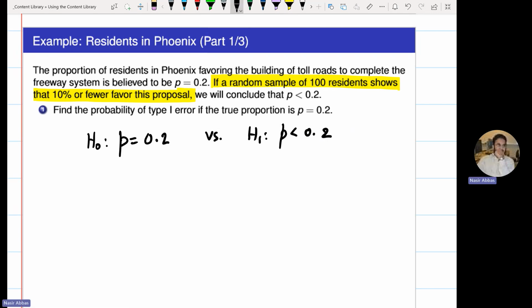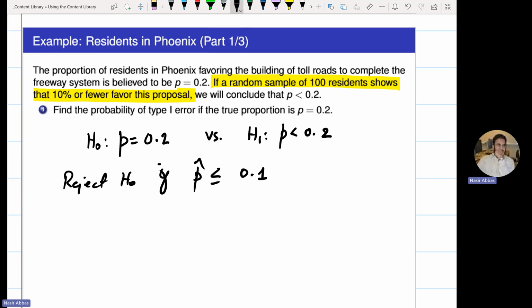You will reject H0 if the sample proportion is less than or equal to 10%, 0.1. If the proportion from the sample of 100 residents is less than 10%, you will conclude that H1 is true. That means you will reject H0. This is the decision rule.